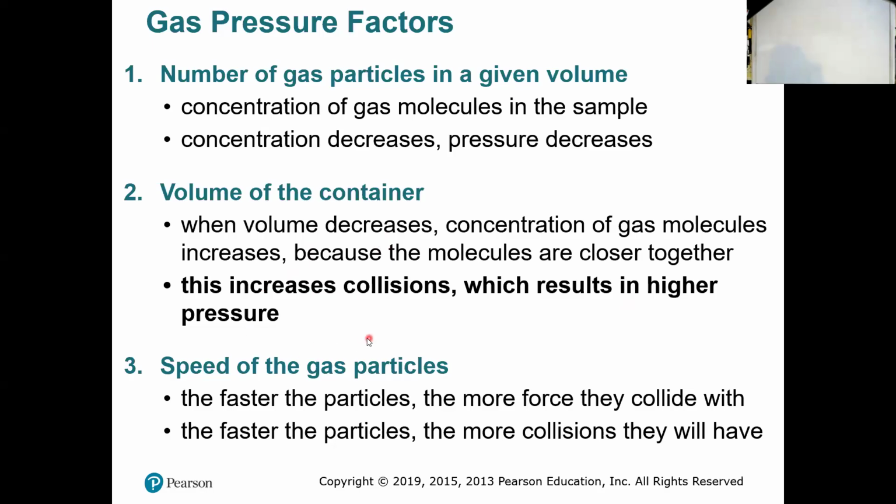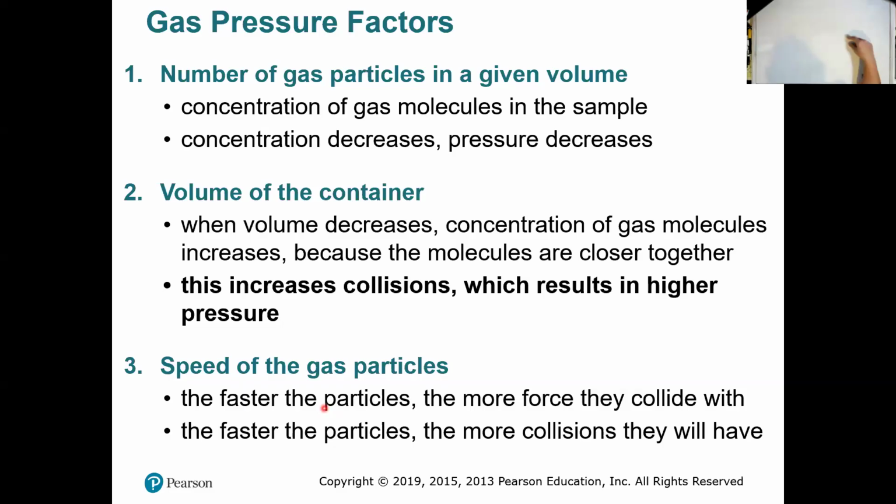All right. The third factor that's really going to impact our pressure is the speed that the gas particles are traveling. That's because the faster the particles go, the more force they're going to have when they collide. And force and pressure are related.